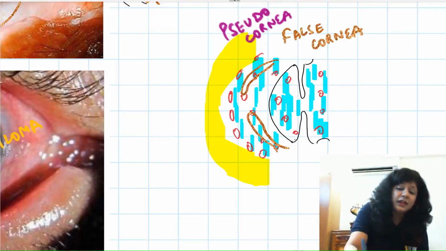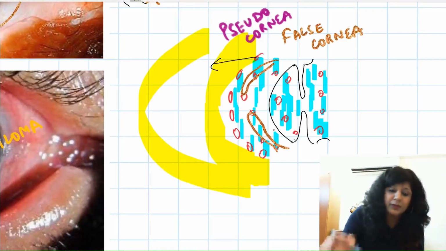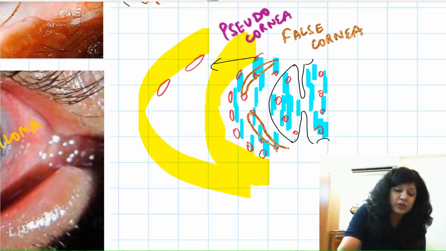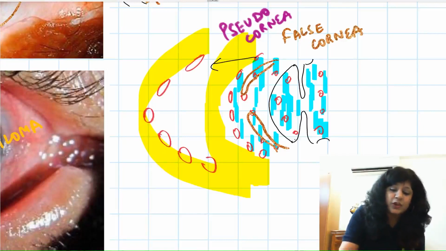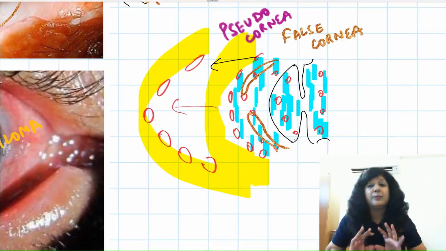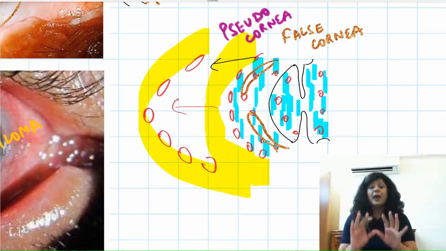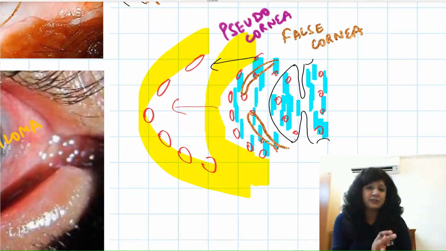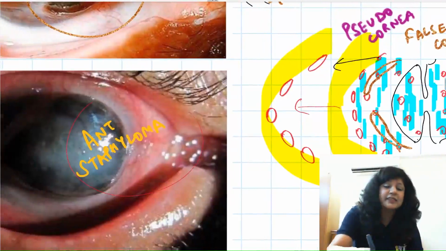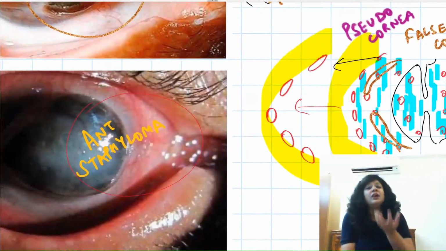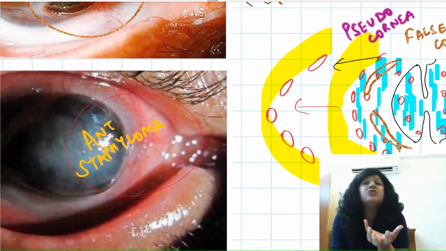It will come anteriorly like this, and the cells will also come like this. So when the whole of the cornea is protruded anteriorly, a bunch-of-grapes-like appearance is formed. This is actually called anterior staphyloma. Staphyloma means the bunch of grapes appearance.